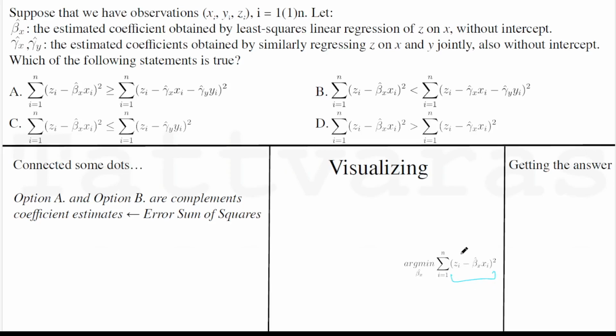Here we have the first model with only one independent variable. Essentially, the setup has an associated space where all sorts of values for this beta x can be there, and choosing from that space, we choose that value that minimizes the error sum of squares.